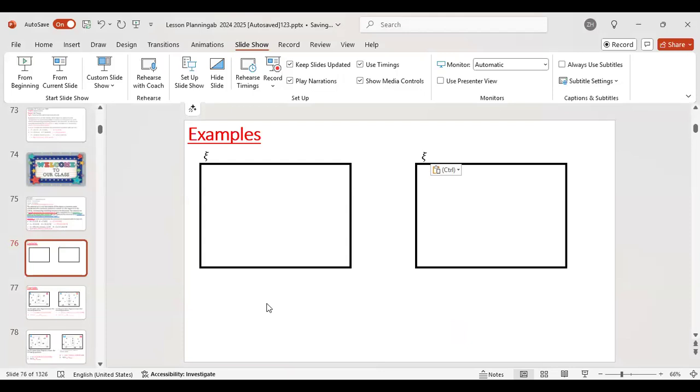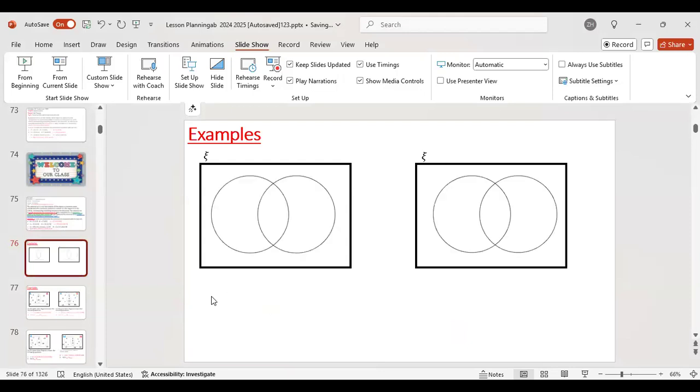For the first one, we're gonna start off with, let's say, 1, and then for the other one we have, say, 4, and the other one we have 5.